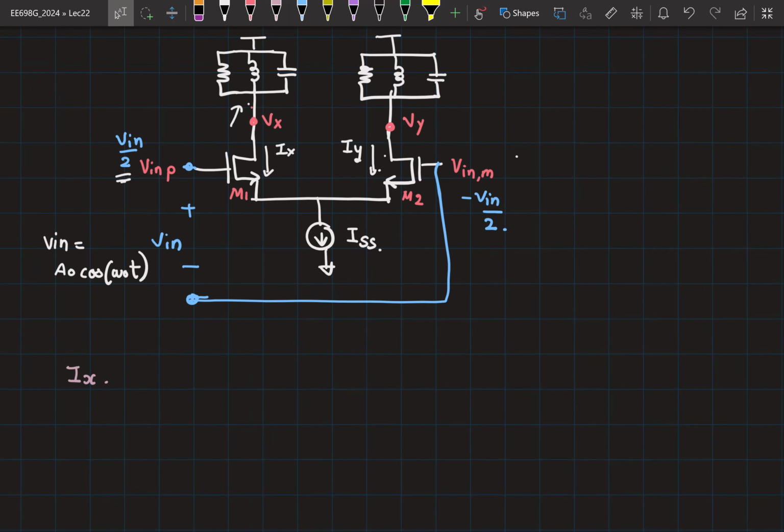Correct, but GM is very large and the current is getting switched completely to one of the branches. So you can expect to see sort of a square wave for Ix, going from ISS to 0. Similarly, the Iy is going to simply be the opposite.